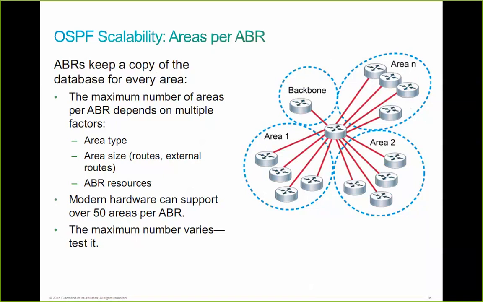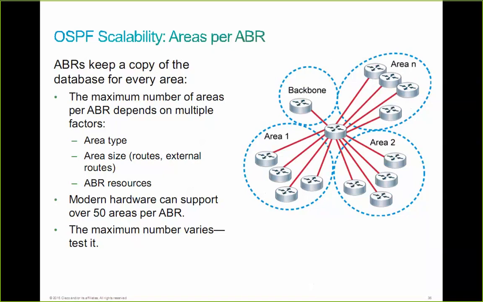In a lot of cases as well, even lower performance can be tolerated, meaning that a specific number of areas per ABR can't be recommended. It just depends on so many different factors. I generally tell my engineers, and I recommend to customers as well, monitor the ABRs.